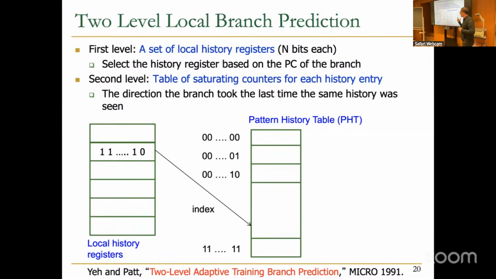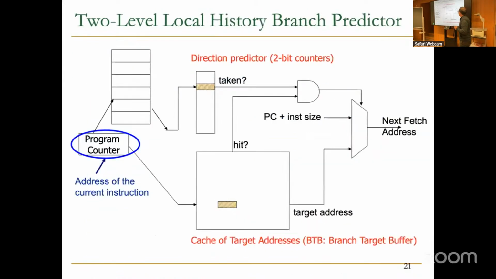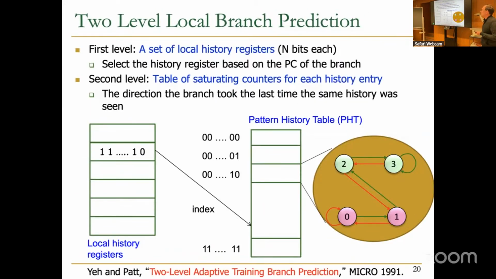That gives you the local history for that branch. And the second level is the table of saturating counters for each history entry, the direction the branch took the last time the same history was seen. Make sense? With hysteresis, of course. Those are 2-bit counters. I mean, they could be 3-bit counters. As you will see, there will be 3-bit counters for some Alpha processor. It depends on your programs, etc.